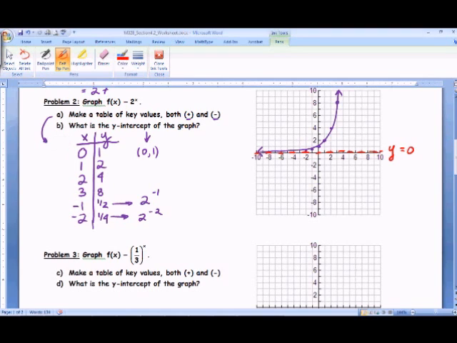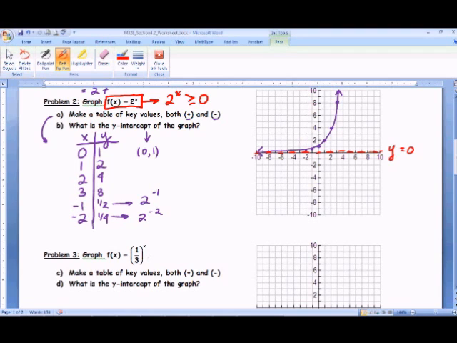Now we know that there's a horizontal asymptote at y equals 0 because if you look at your original function, f of x equals 2 to the x power, there's absolutely no x value, no inputs that I could put into this function to get 0 or any negative numbers out. 2 to the x is always greater than or equal to 0, which tells us that we have a horizontal asymptote at y equals 0.